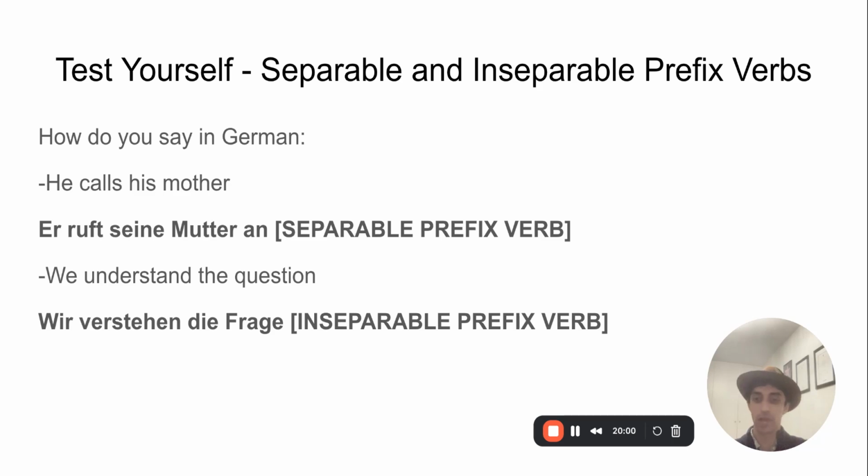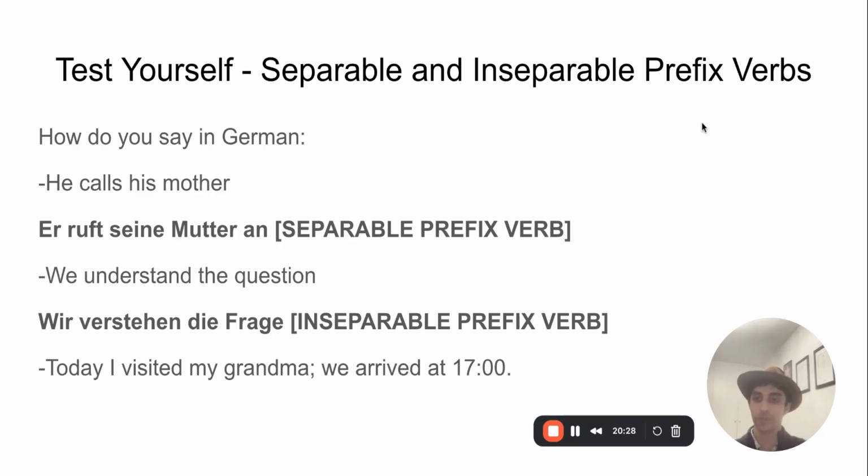So it doesn't separate from the rest of the verb, the main or the base verb. They remain together, and you'd simply conjugate it then as wir verstehen in the present tense. The question in German would be die Frage. Here, that's in the accusative case, but doesn't change form at all. It remains die Frage. So wir verstehen die Frage. Inseparable verbs tend to be a bit easier overall.